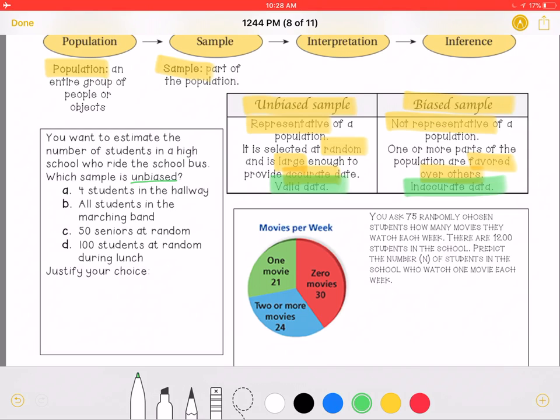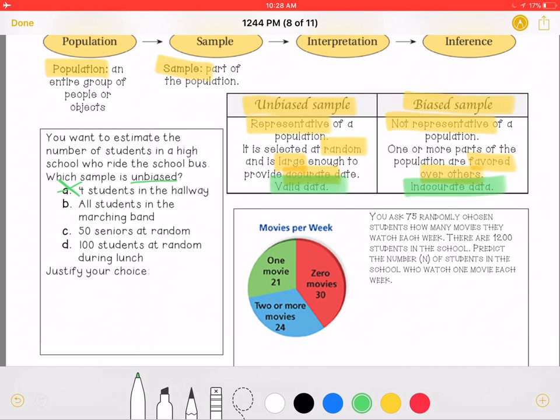We asked a good amount of people, and that gives us valid results to see the population as a whole. If they asked 4 students in the hallway, is that a large enough group of students? No. So this would not be unbiased, so that won't be an answer.